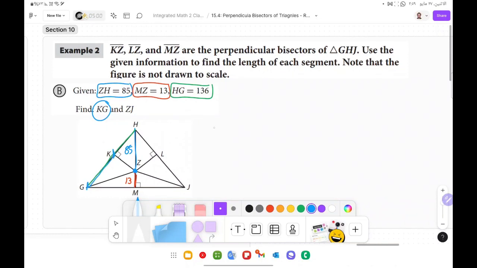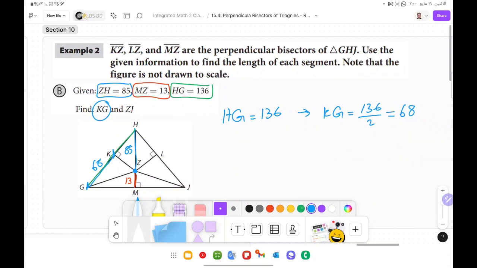If I know that the green one, HG, is equal to 136, then KG is half of the distance, so 136 divided by 2, which is equal to 68. So now here is equal to 68.